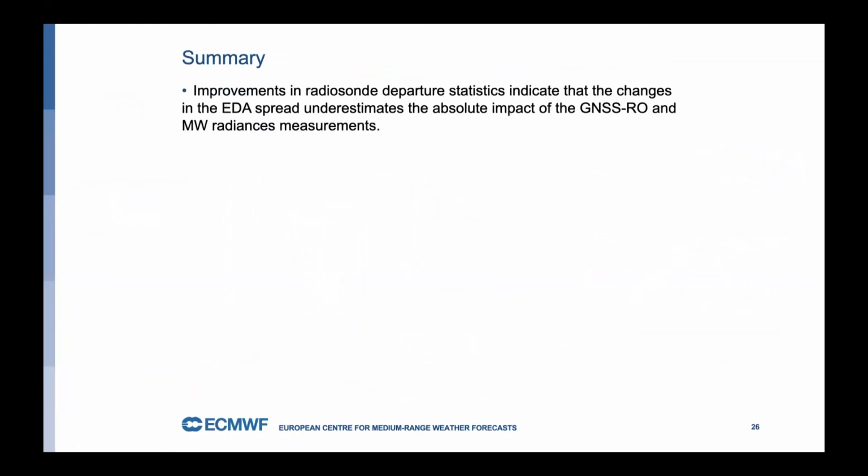So to summarize, first of all, we do see that the radius on departure statistics align with the changes in EDA spread, but there is an absolute underestimation when it comes to reduction in EDA spread compared to the O-B statistics, both for GNSS-RO and microwave radiance measurements.